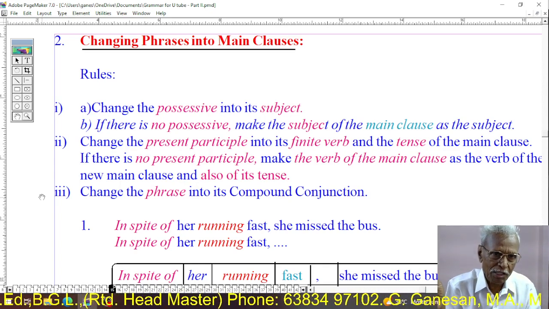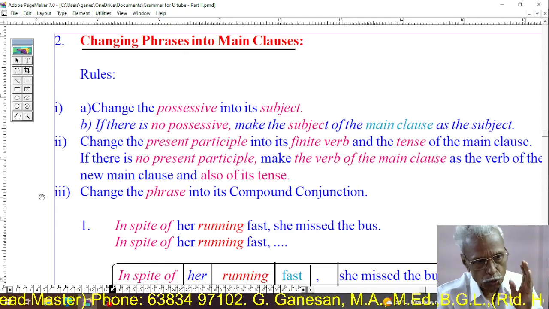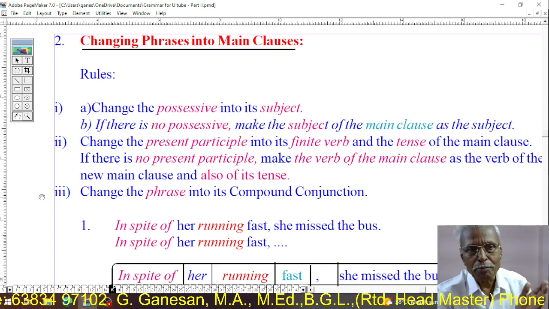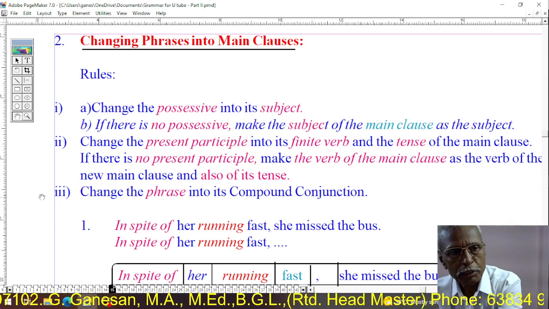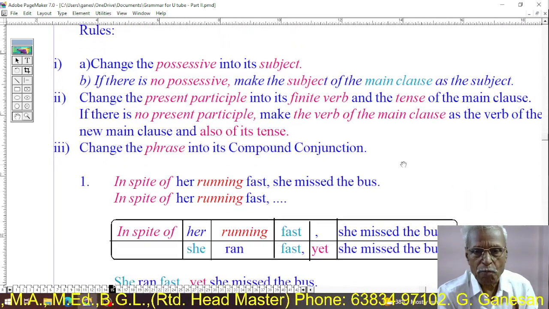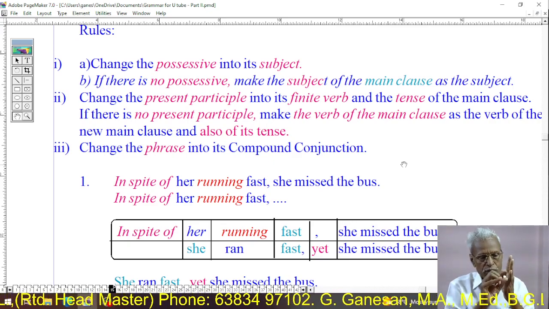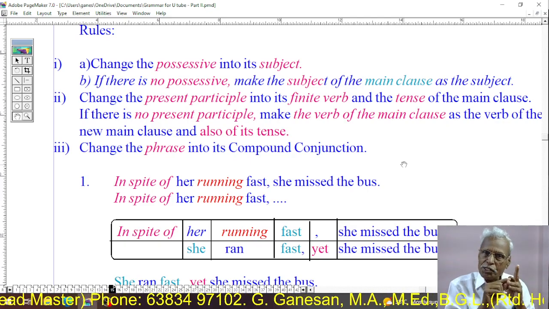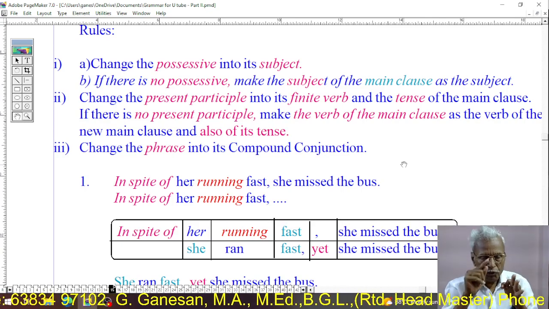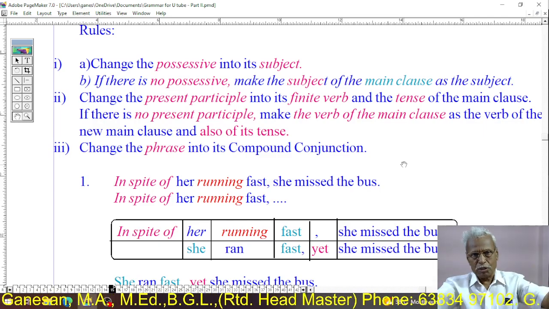If the verb in the main clause is simple present, then simple present; if past, then past. If there is no present participle in the phrase, use the verb in the main clause. Third, change the phrase into its compound conjunction. Again, the three rules: first, change the possessive into the subject; second, change the participle into a verb in the tense of the main clause; third, change the phrase into its compound conjunction.